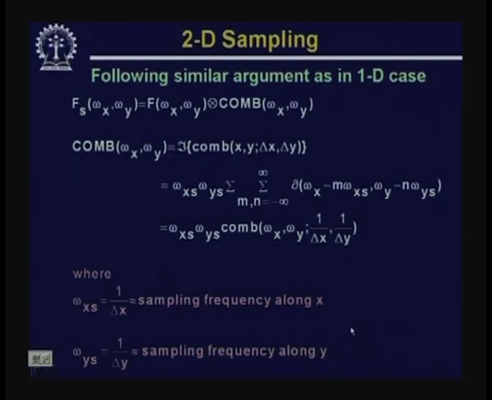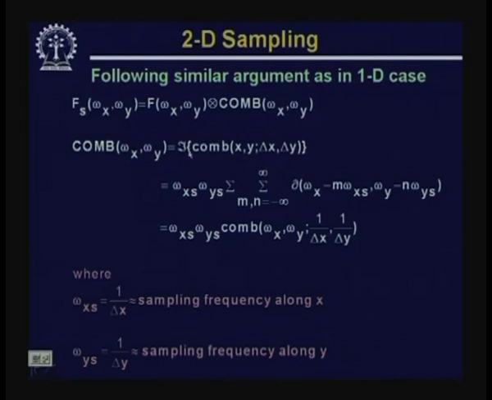As we have done in case of the one dimensional signal, if we want to find out the frequency spectrum of this sampled image, then the frequency spectrum of the sampled image, f s omega x omega y, will be the same as f omega x omega y, the frequency spectrum of the original image f x y, convoluted with comb omega x omega y, where comb omega x omega y is nothing but the Fourier transform of comb x y delta x delta y.